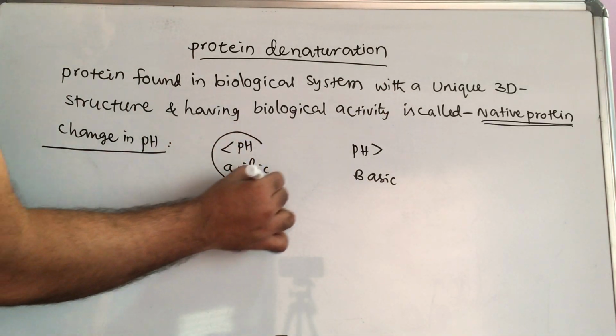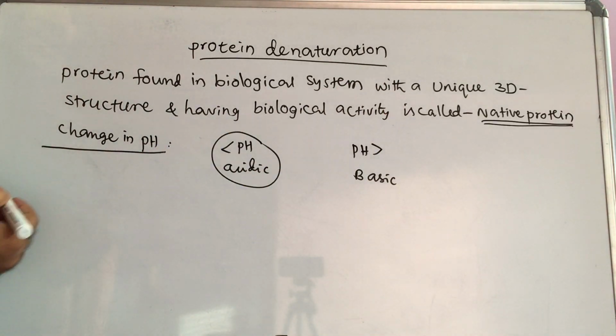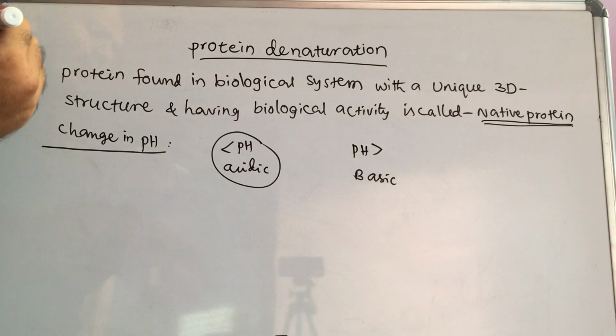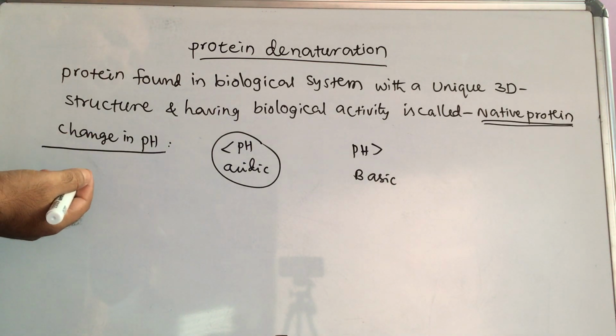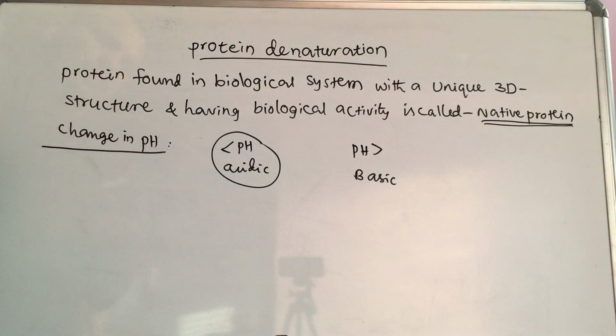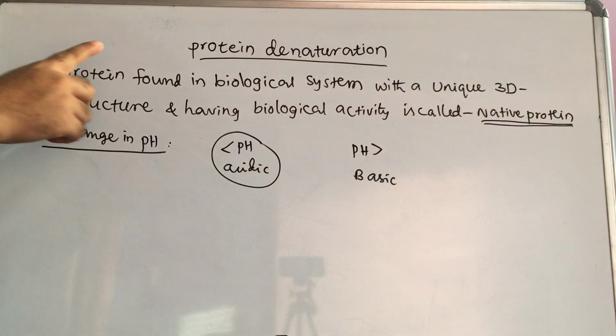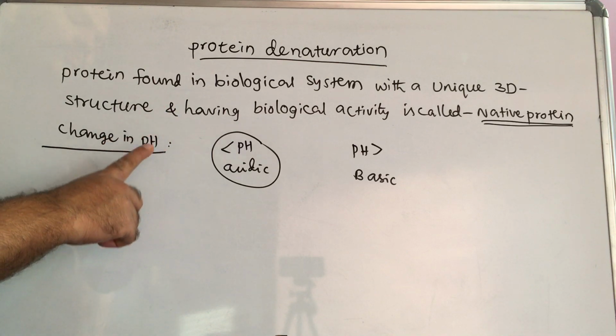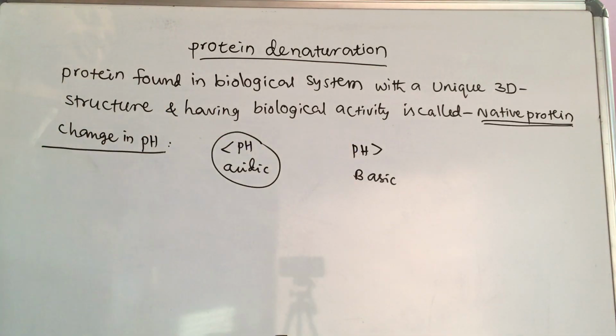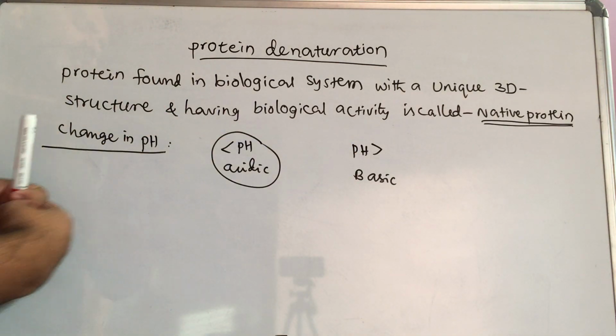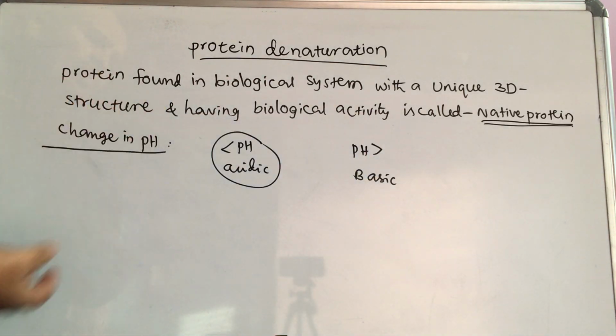In acidic medium, what will happen? We already know that a zwitterion is a dipolar neutral species. A zwitterion in acidic medium has a positive charge, and in basic medium it has a negative charge. A polypeptide chain, that is a protein, in acidic medium has a positive charge.